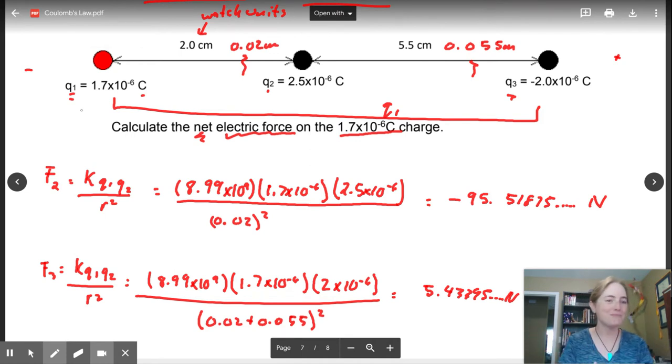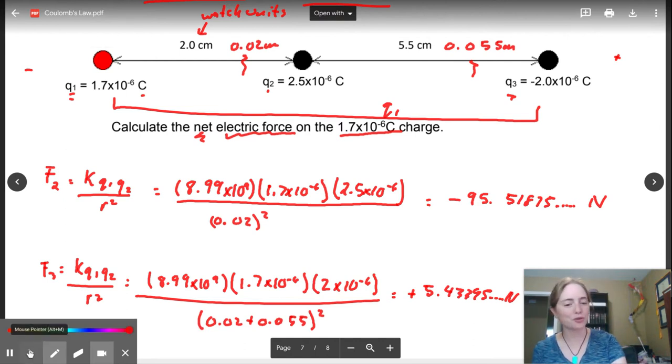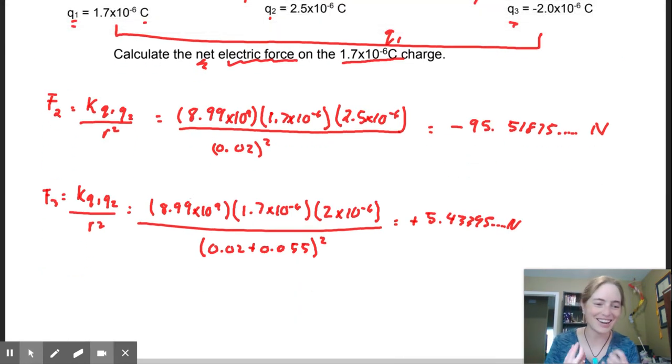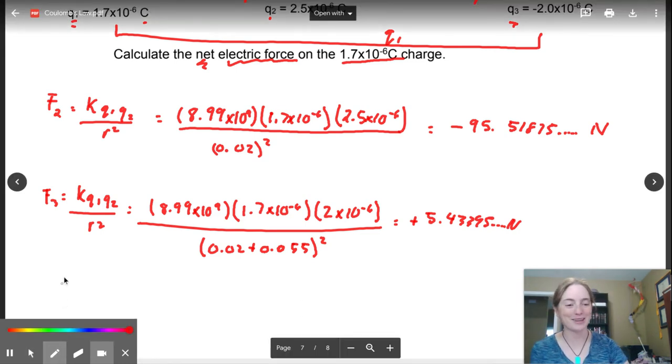That means the red object here is going to be pulled to the right by Q3. We chose right to be positive, so that's going to be a positive force. That's definitely one of the tricky parts about this, applying the laws of electrostatic attraction here.